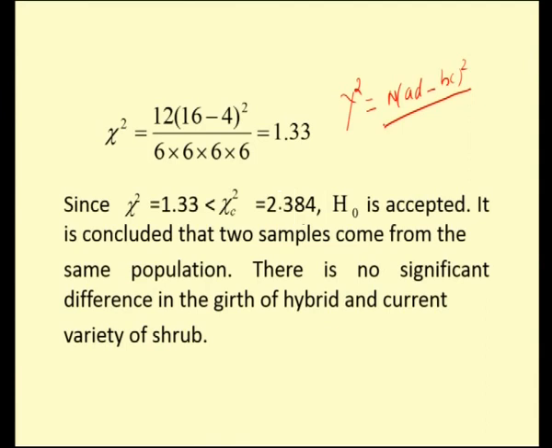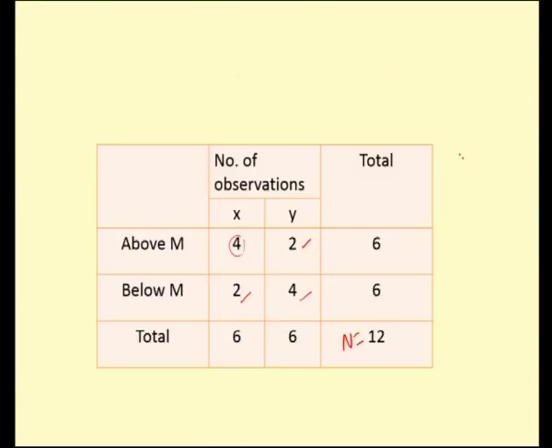Here the observations are 4, 2, 2, 4. So, this will be 16 minus 4, the sum of the rows is 6, again 6, and the sum of the columns is also 6. The total sum of observations, n, is equal to 12.